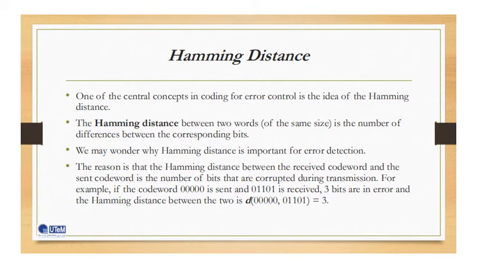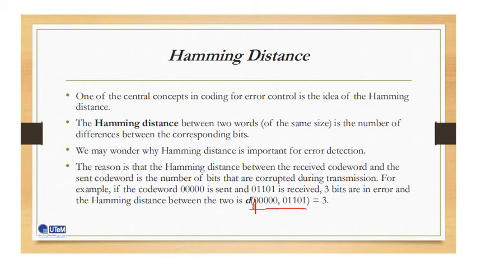So what is Hamming distance? It is a central concept in coding for error control. The Hamming distance between two words of the same size is the number of differences between the corresponding bits. It's quite easy to identify the Hamming distance. Just look at this example. The first bit is similar.